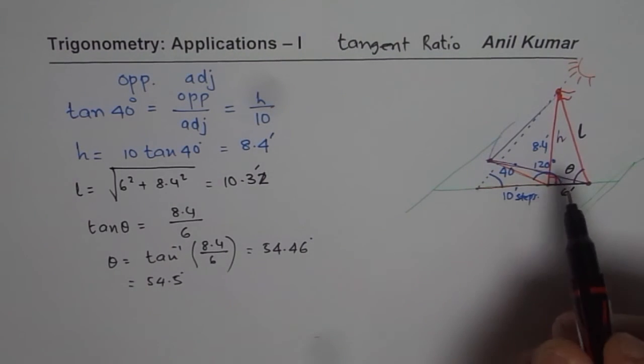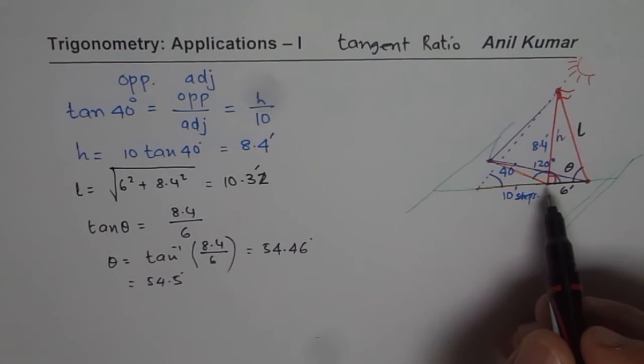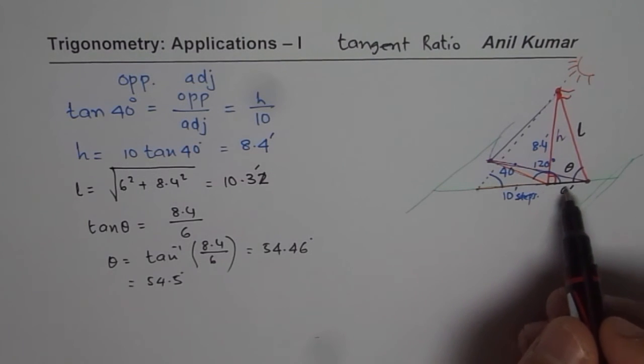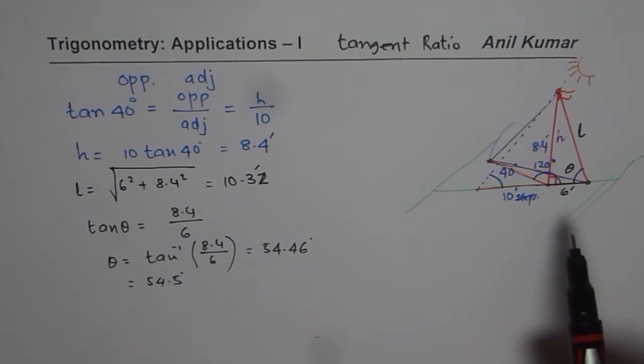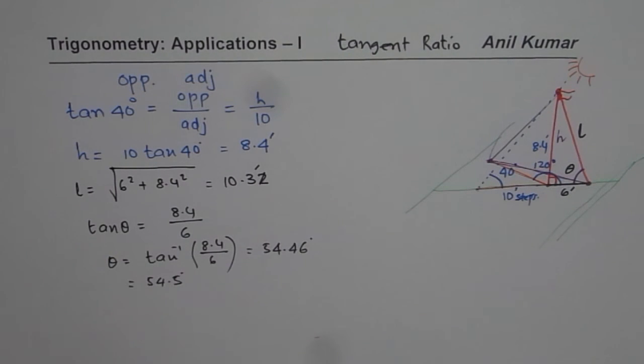So we are trying to understand what happens when the angles are not acute angles, and we are trying to solve triangles which are not right triangles, right? So that takes us to our applications number 2.